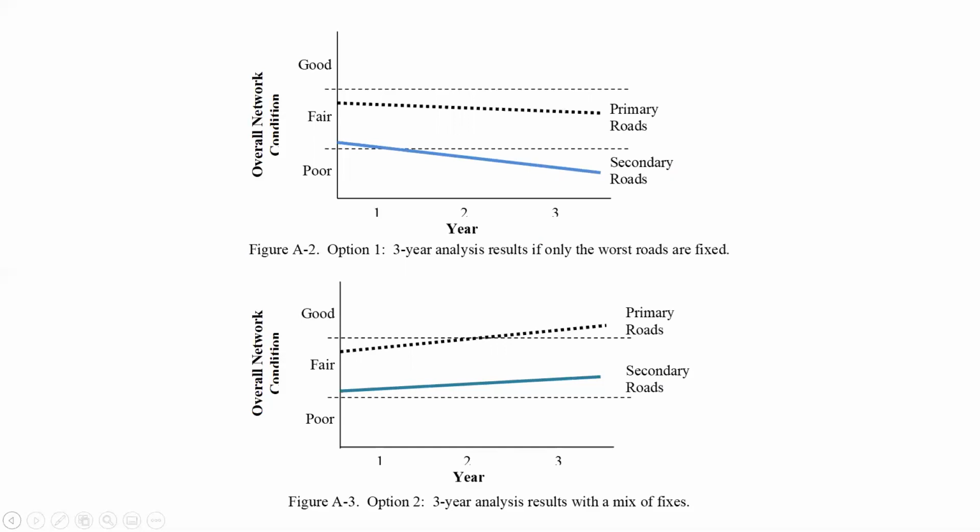We can also look at a mix of fixes. A mix of fixes meant that we were going to do a certain percentage of preventative maintenance. Maybe 30% of our funding was going to preventative maintenance, 70% was going to go to capital improvements. Well, how's that going to impact the network? Where am I going to be?